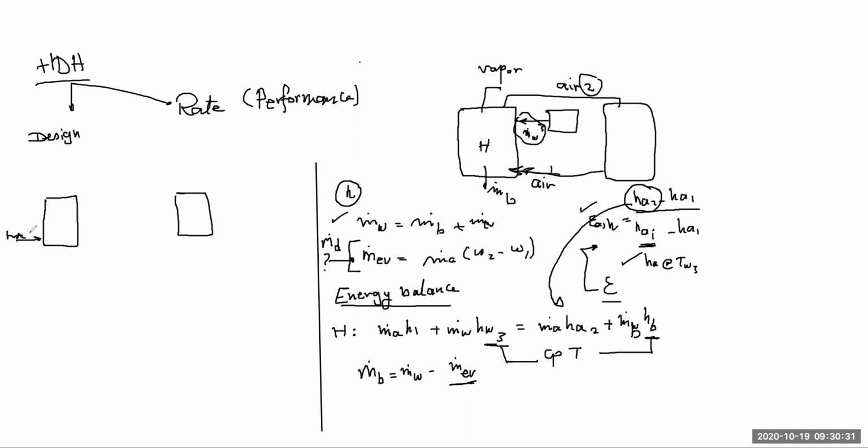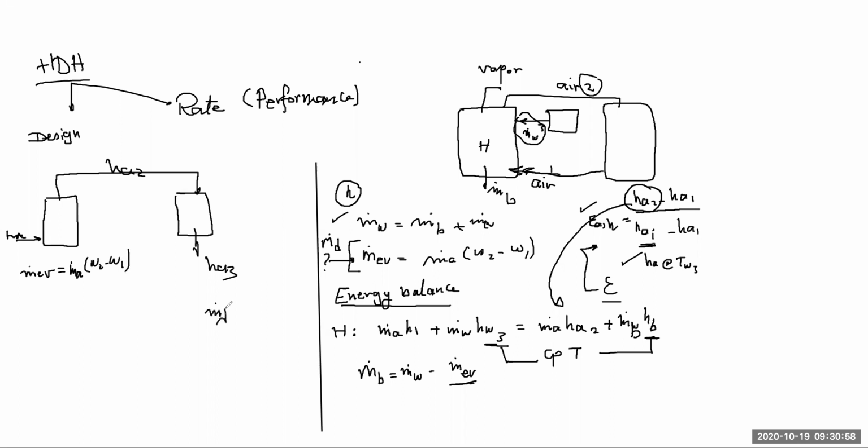When the air is humidified, it enters with H air 2. It's not a closed loop, because we are throwing the air away. So m dot evaporated here is m dot air times omega 2 minus omega 1.